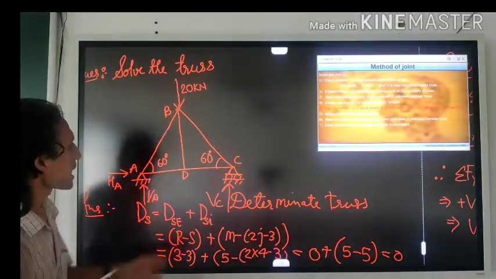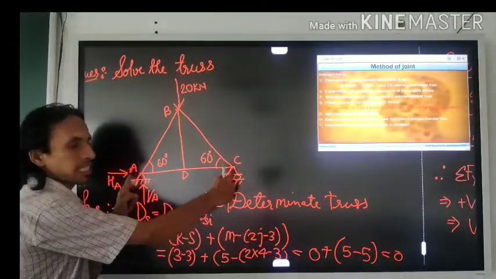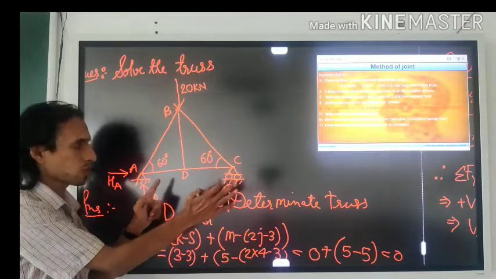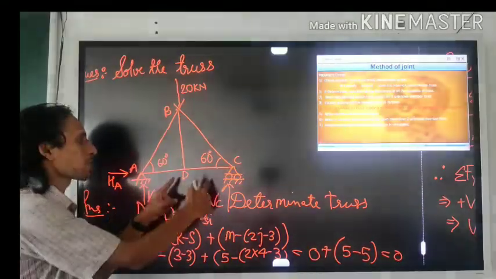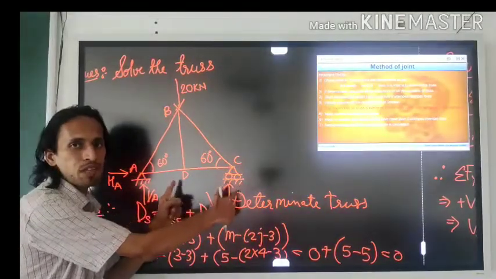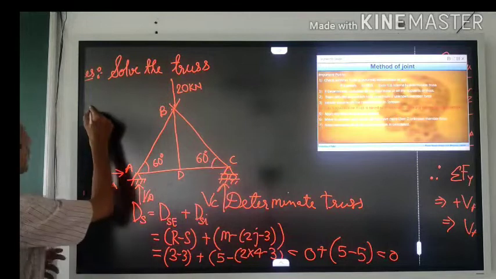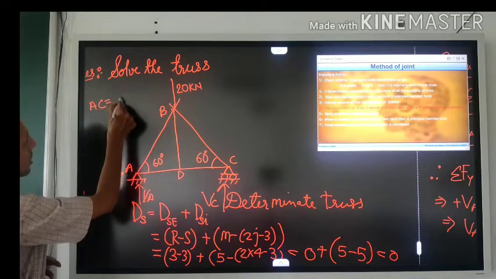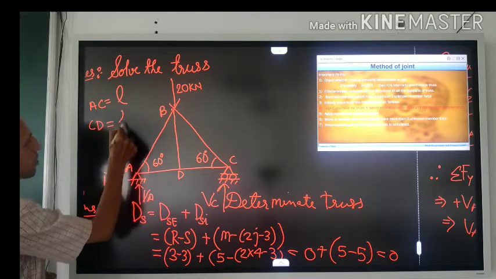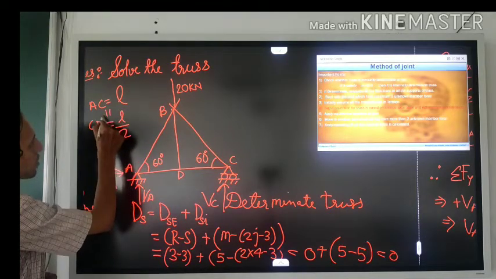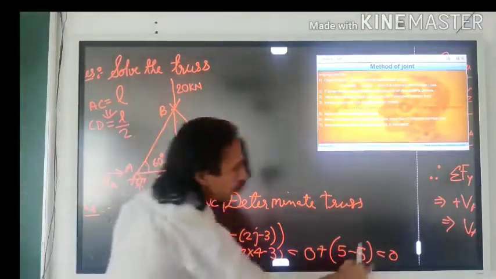Okay, so let us say the length between A and C is some length L. Then since it is an equilateral triangle, what will be the value of DC? It will be half. Suppose AC length is L, then CD will automatically become L by 2, because the 60 degree we can use.